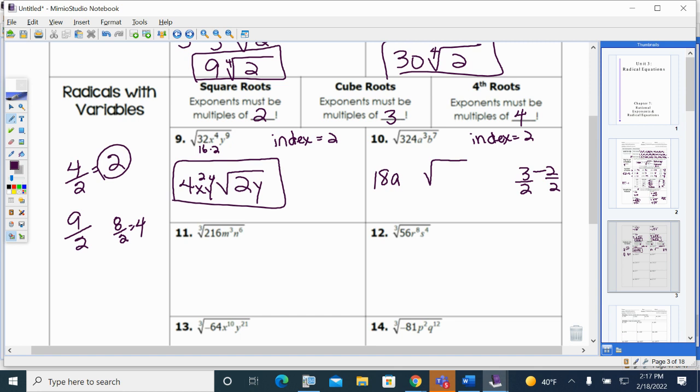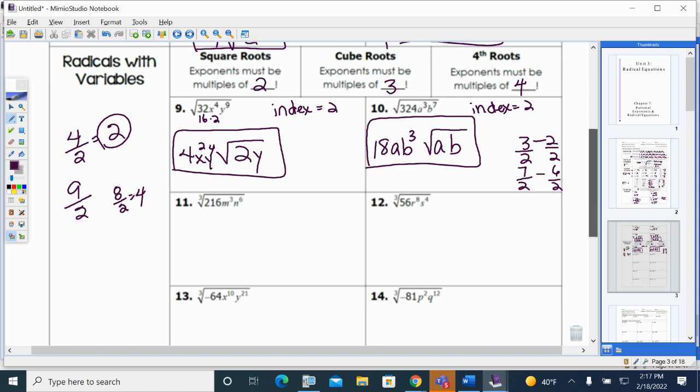So the leftovers are always going to stay inside the radical. And then b to the 7th, if I try to take 7 to divide by 2, that's not going to work. But what if I take 6 of them? That goes evenly. So 6 divided by 2 is 3, with that 1 left over b that's going to have to stay on the inside. So your answer to number 10 is 18 ab cubed times the square root of ab.